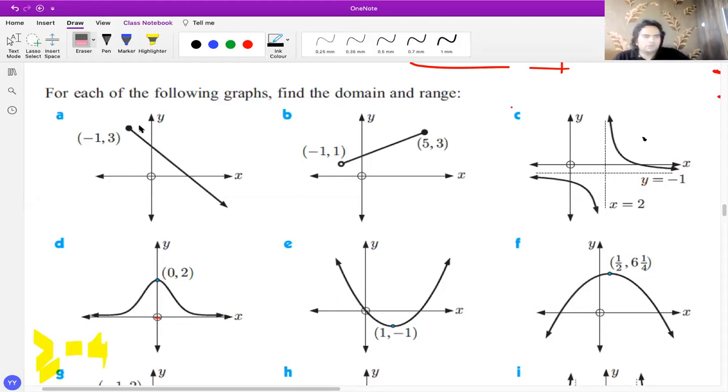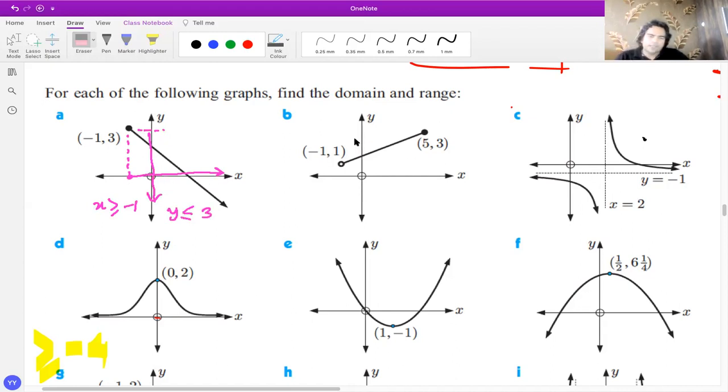Now, it is really important that you consider the filled and not filled gaps. So when you look at the domain here, the corresponding domain would be x greater than or equal to -1. And the range is below 3, so y is less than or equal to 3.